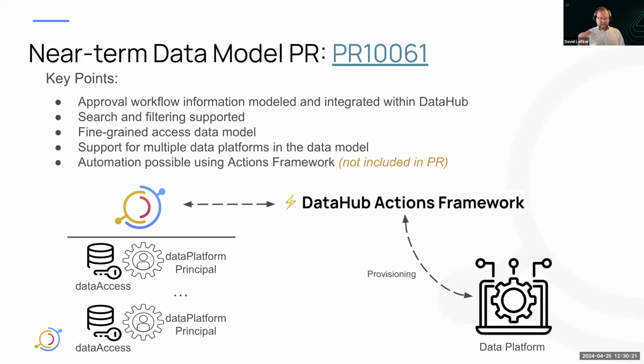And one of the benefits of modeling it as an entity is we can use it for searching and filtering those access requests. This particular data model also goes into detailing fine-grained access controls, and also inherent support for multiple data platforms. And again, the Actions framework could be used to actually do the provisioning. It's not part of this PR. Next.